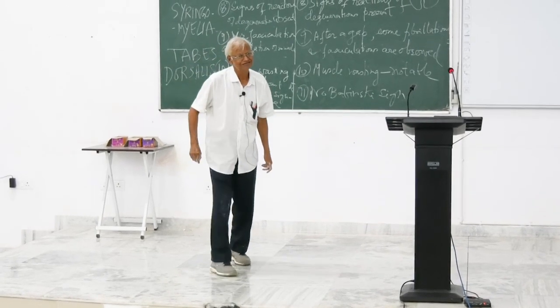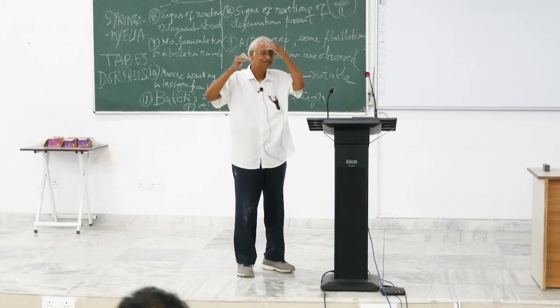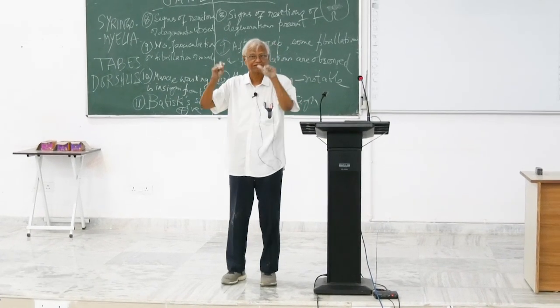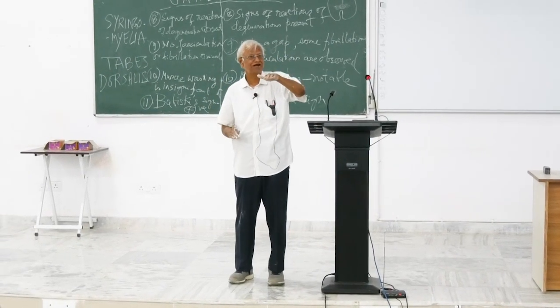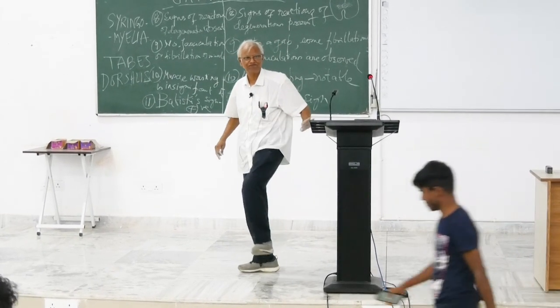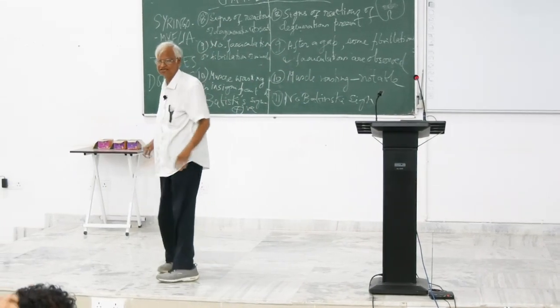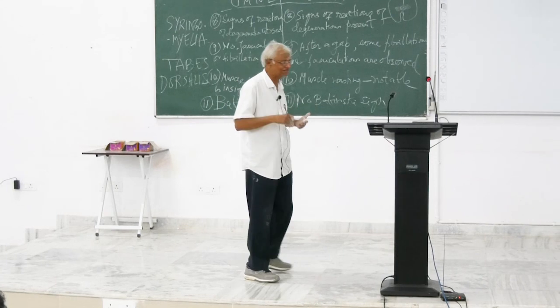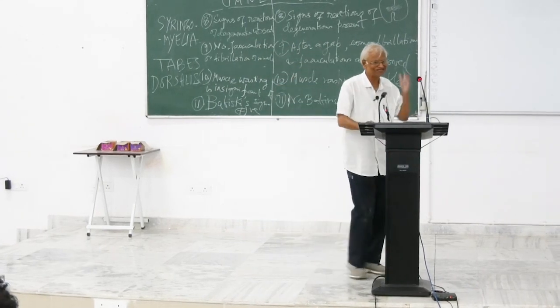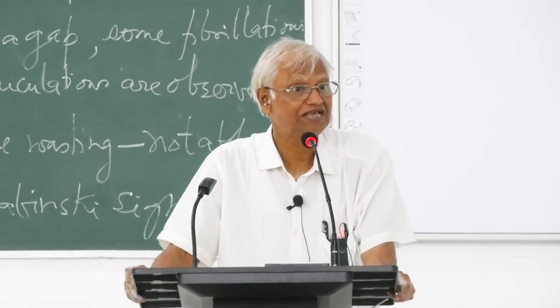This is called stamping gait. The gait is not normal. He pulls up, then stamps the floor. Pulls up, stamps the floor. Like that you will walk. You walk like that in muddy areas, isn't it? Stamping gait sign.